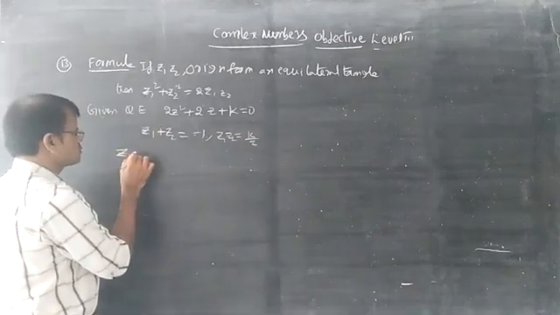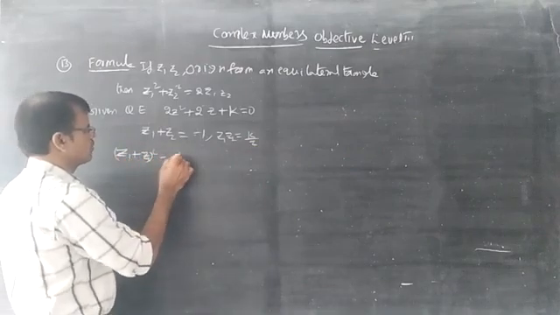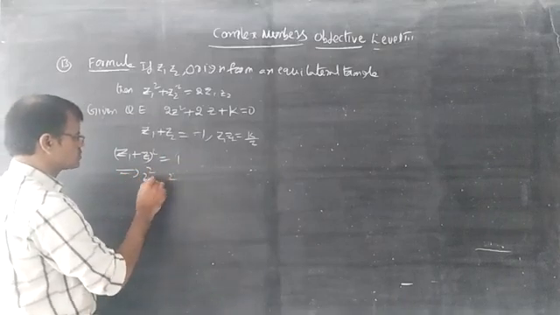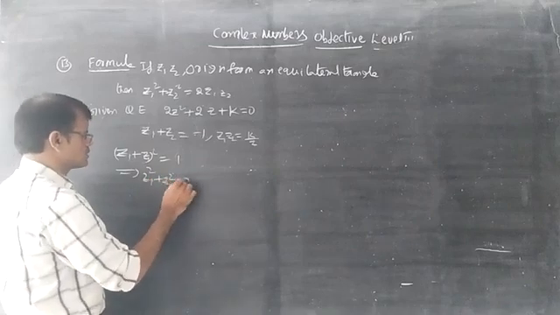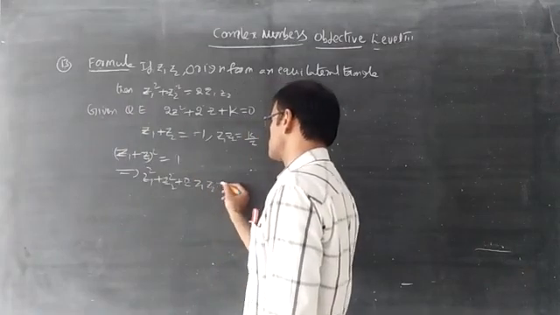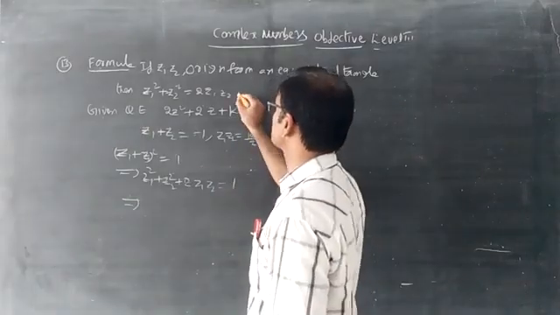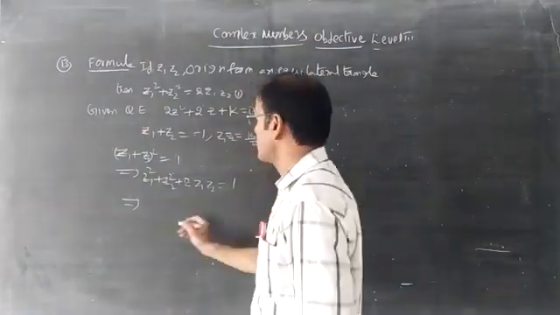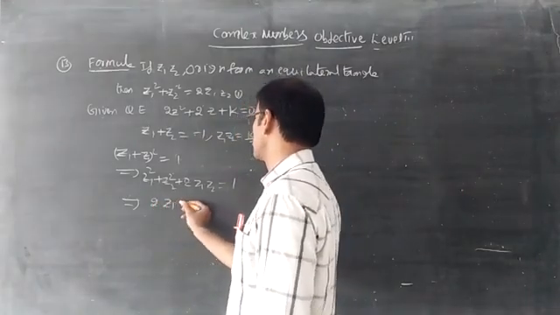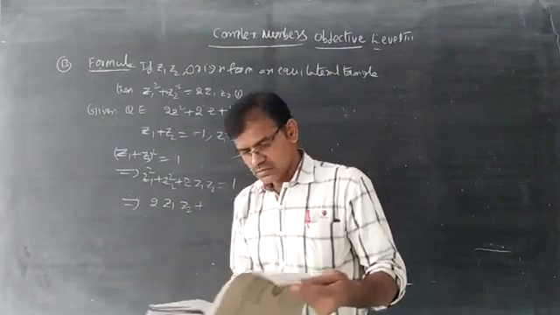Now, squaring both sides, we write (z1 + z2)² = 1. That implies, expanding, z1² + z2² + 2 z1 z2 = 1. Now z1² + z2² we get from the formula. Maybe it is not 2 z1 z2, just z1 z2.